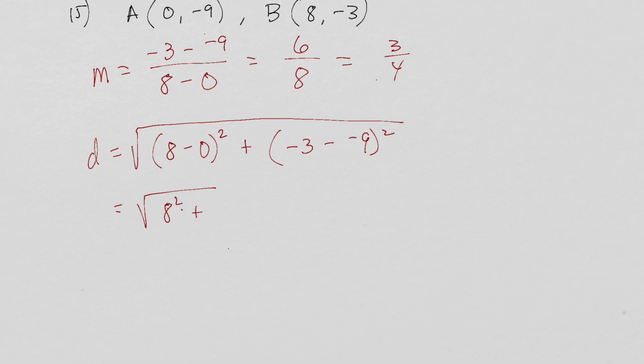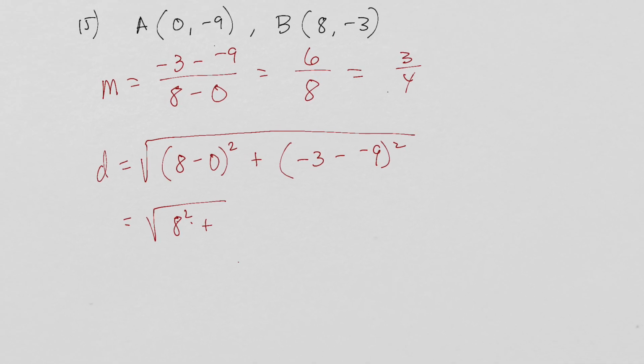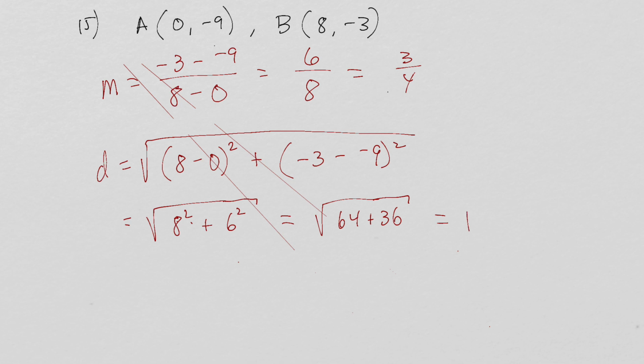Plus, and this turns into negative 3 plus 9 is a positive 6 squared, which is the square root of 64 plus 36, which is the square root of 100, which turns into 10.